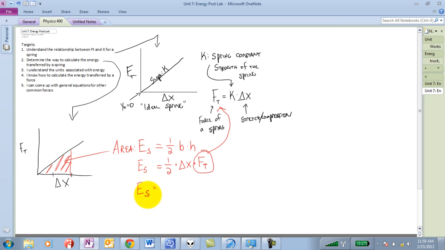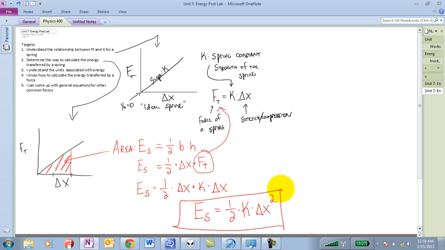ES is again 1/2 times delta x, and then you'll see FT is actually k times delta x, and you realize that we could start combining like terms, and we come up with our general equation. ES is equal to 1/2 times k times delta x squared.